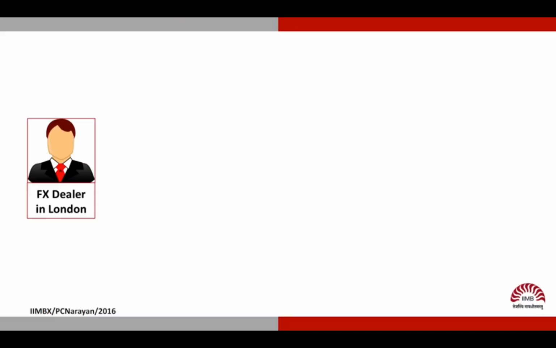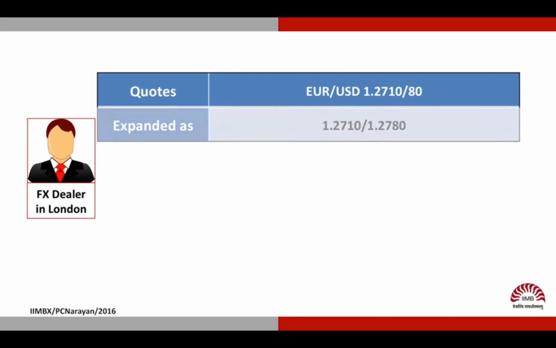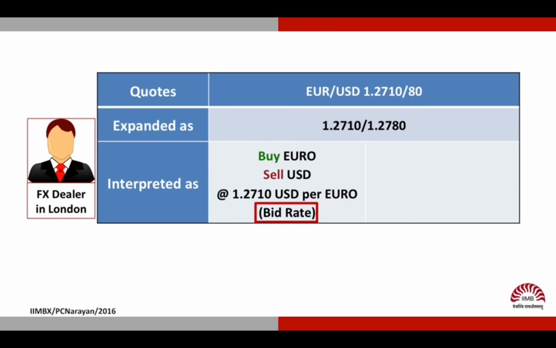If a foreign exchange dealer in London quotes euro to US dollar 1.2710/80, it is expanded as 1.2710/1.2780 and is interpreted as the dealer is willing to buy euros and sell US dollars at $1.2710 per euro, also referred to as the bid rate.